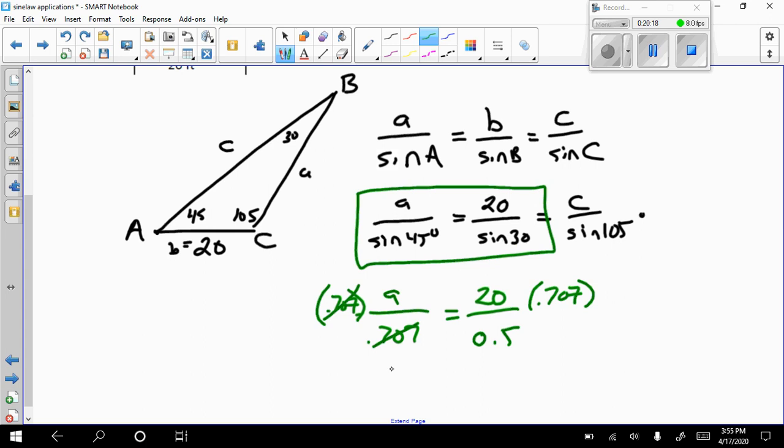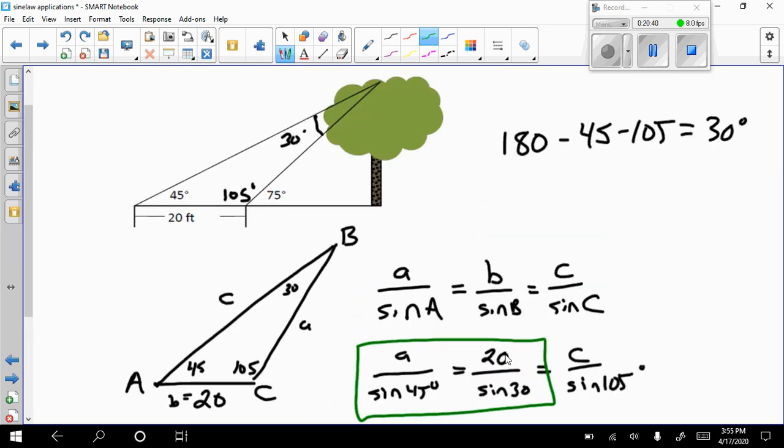That gets rid of it off that side. And my A is going to be equal to 20 times 0.707 divided by 0.5. Okay, so it turns out to be 28.3 meters. I think it's all meters. Feet.